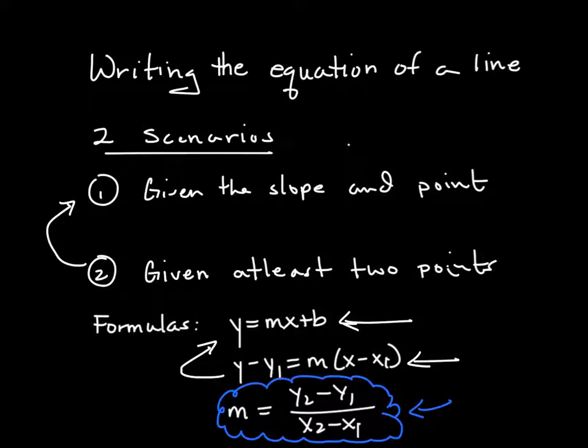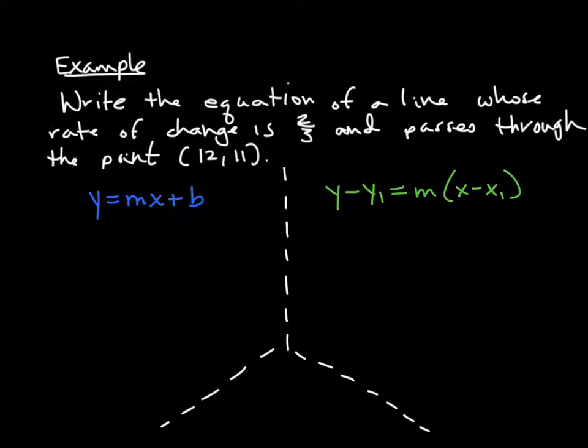So let's look at some examples. Example number 1 will simply cover if I'm given all of the information from scenario 1. What if I'm only given the slope and 1 point? The first way that I will do this will be with y equals mx plus b.